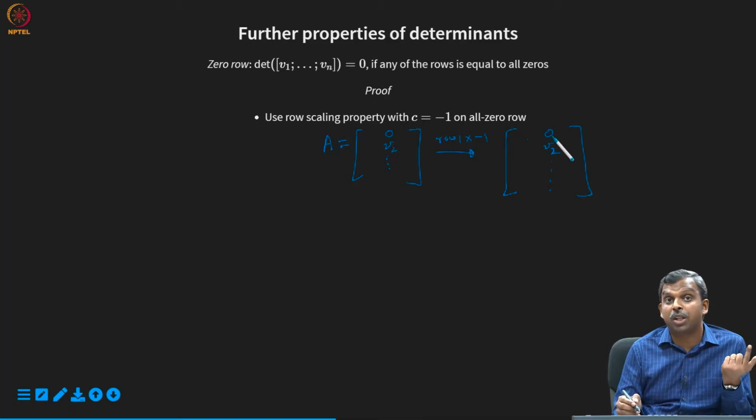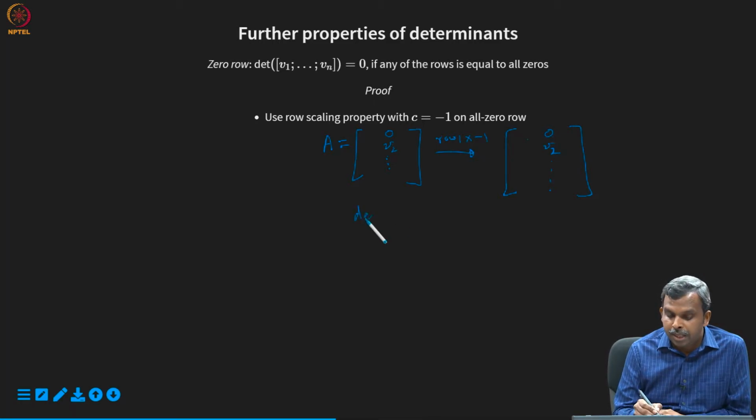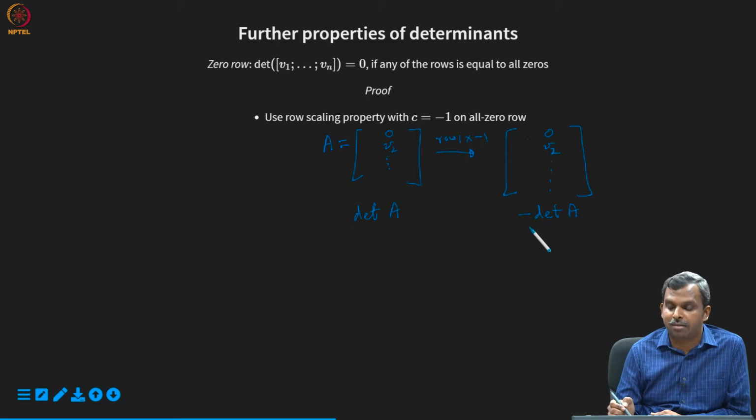But what does the property of determinant tell me? The determinant of the new matrix, the property tells me, is minus determinant of A, right? Because if you multiply any row by a scalar C, the determinant gets multiplied by that value. But the two matrices are identical when you have the 0 row, so these two have to be equal, which implies determinant of A equals 0.